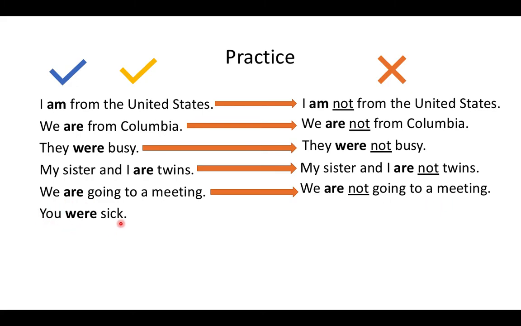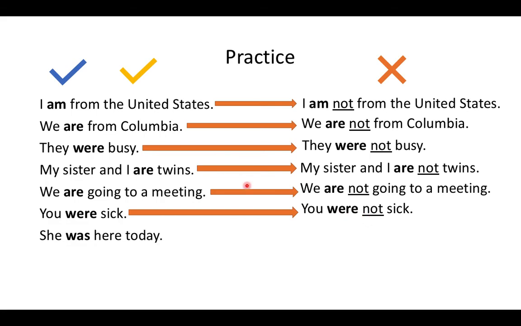You were sick. You were is past tense. So we just put you were not sick. So it just comes right after were. So she was here today turns into, she was not here today. So this is negative. This is the positive.